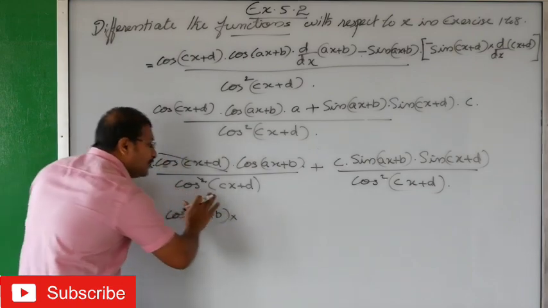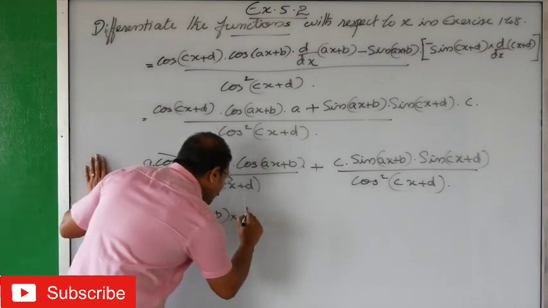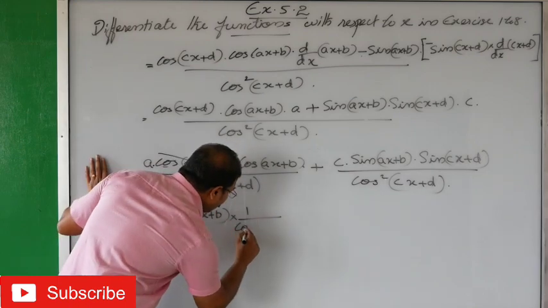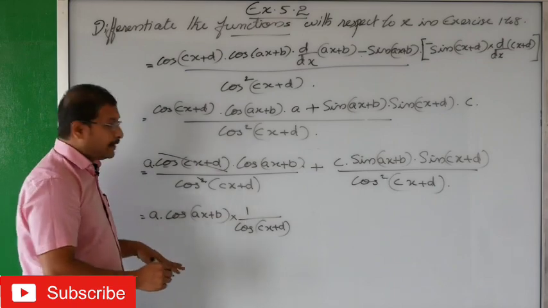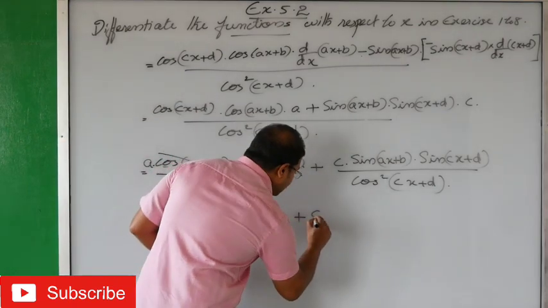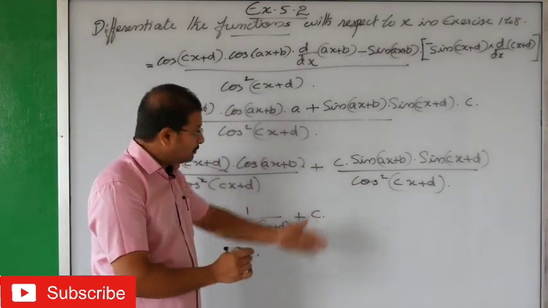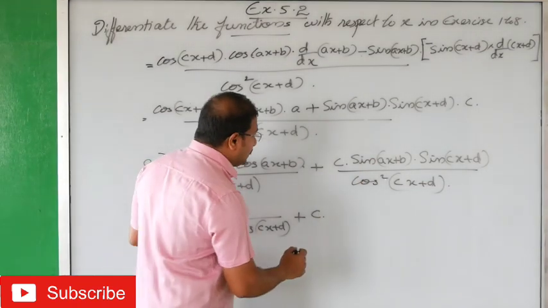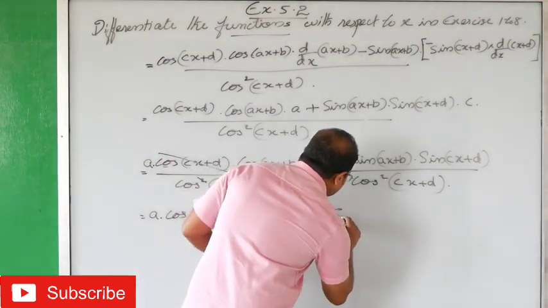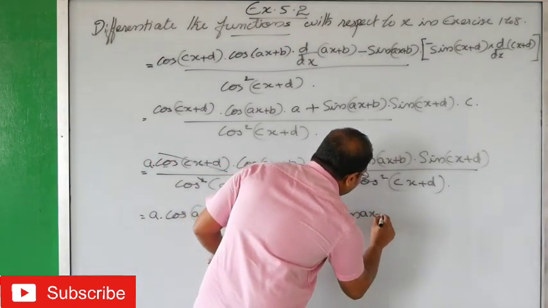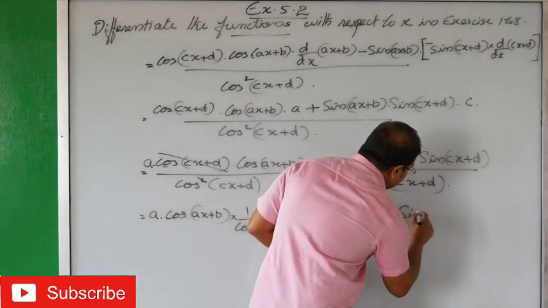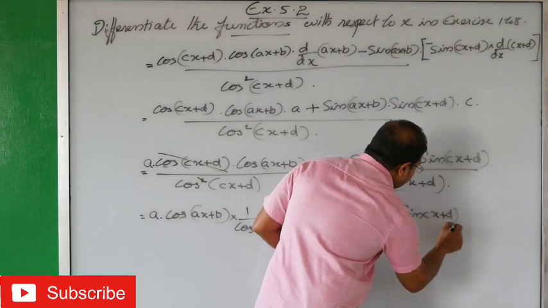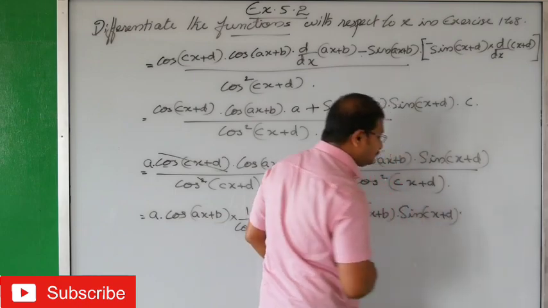This denominator will write separate. That means what you will do? 1 by cos cx plus d. Alright, plus c into, I think we can't cancel, so c into sin x plus b into sin cx plus d into.